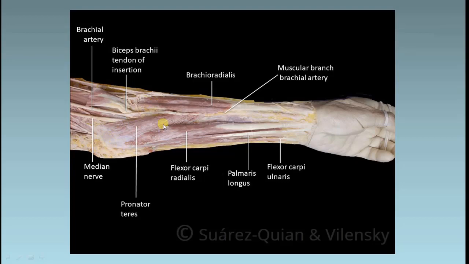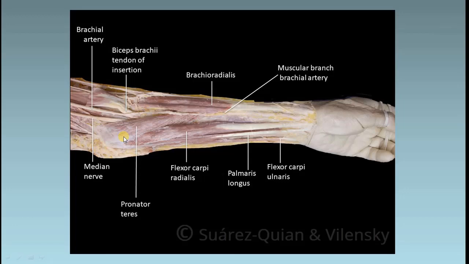One way to identify is you are able to see this large bulk coming from the medial epicondyle. This bulk is called the common flexor origin, from where most of the muscles of the flexor compartment of the forearm originate.